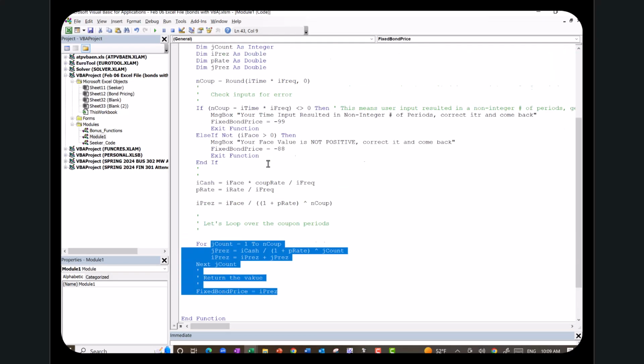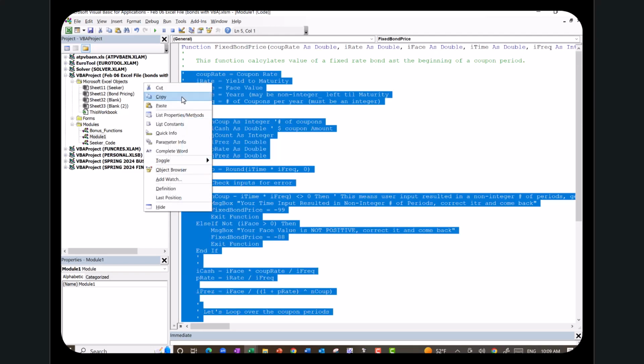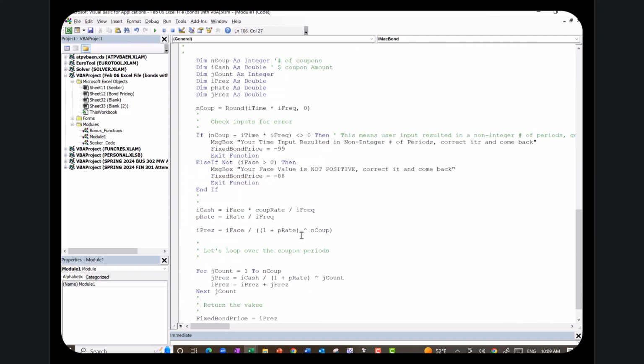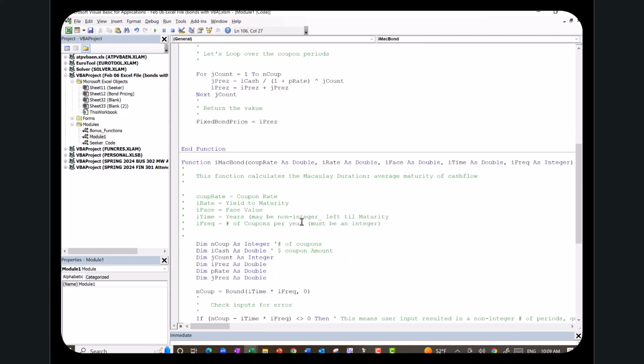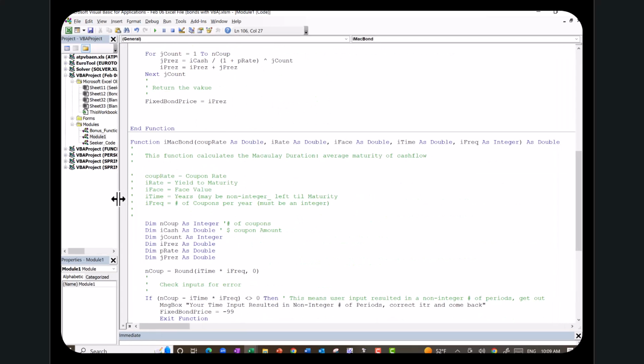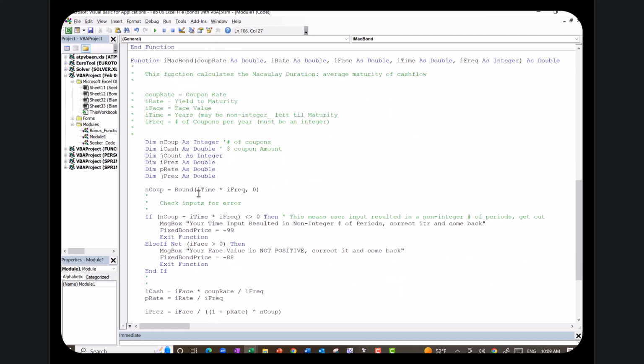Since I have a lot of these calculations already in here, let me copy this too and modify my code. I still have to determine number of coupons, coupon amount, what have you.